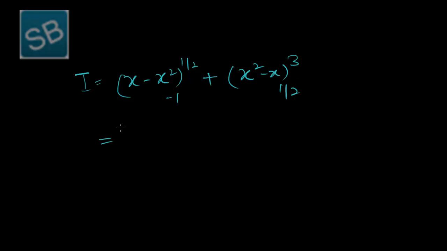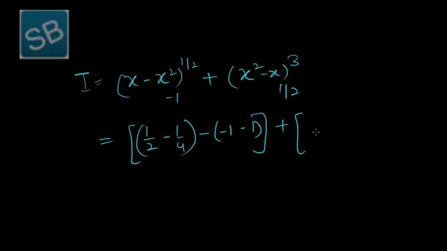So we'll use the fundamental principle of definite integral. It becomes 1 over 2 minus 1 over 4, minus of minus 1, that is minus 1 minus 1, x square minus 1 is 1, so it is minus 1. Plus the value at 3, that is x square, 3 square is 9, minus 3, then minus the lower limit, half square is 1 by 4, and minus half.